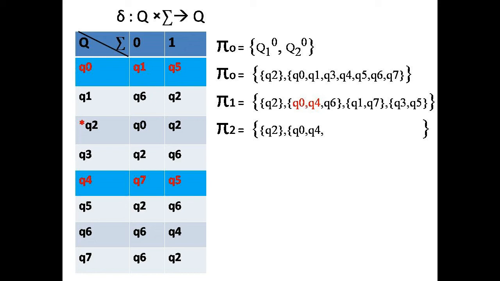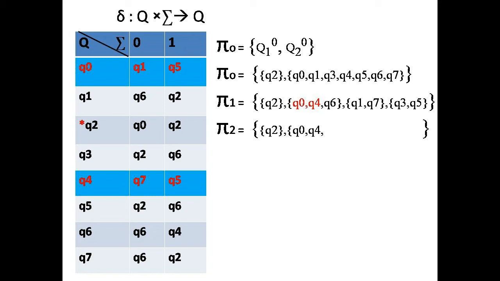We find the pi 2 equivalence. Here in pi 2 equivalence, we compare within the pi 1 equivalence sets. In pi 1 equivalence, Q2 we cannot divide. The next set is Q0, Q4 and Q6. We compare first Q0 and Q4.